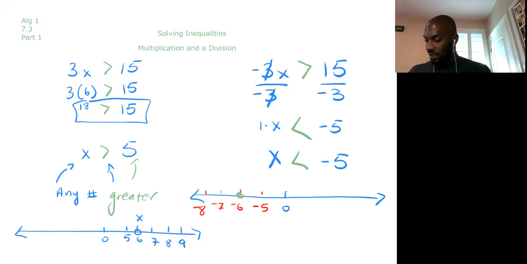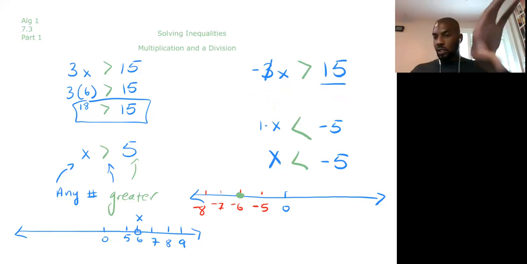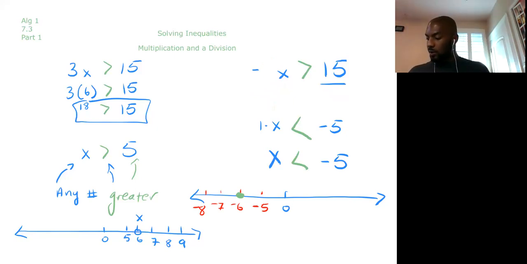Let me select a number less than -5. Again, -6. If I put a -6 into my original inequality, not the one that switched the sign, but the one with the original sign going this way, will my answer be true? Let's see. -3 times -6. Is that answer greater than 15?